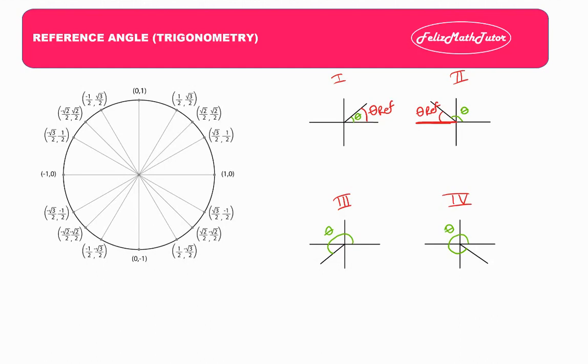In the third quadrant, we have a reference angle in here. And why? Because in the closest x-axis, we are looking for an acute angle.